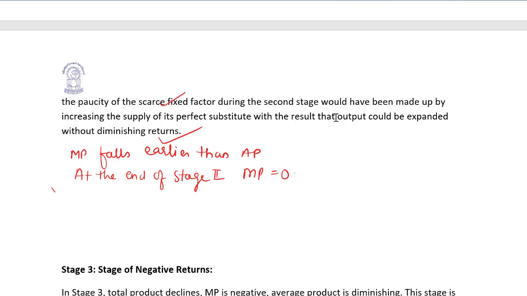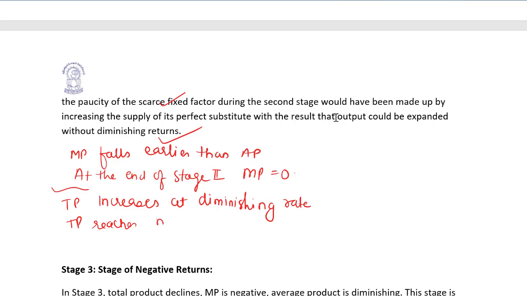You can also say TP increases at a diminishing rate, and TP reaches its maximum at the end point of stage 2.